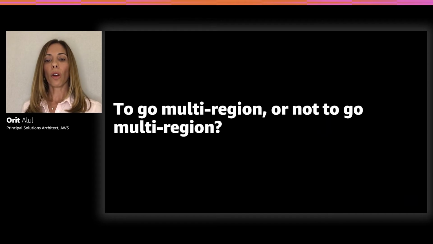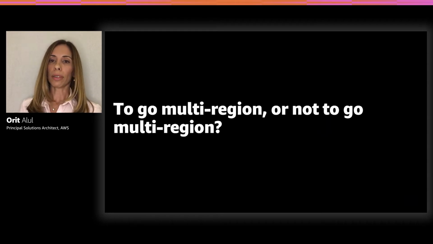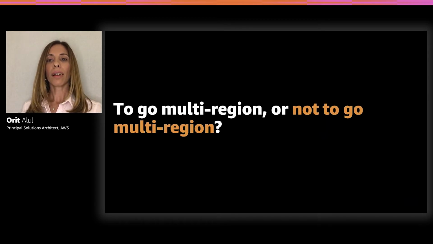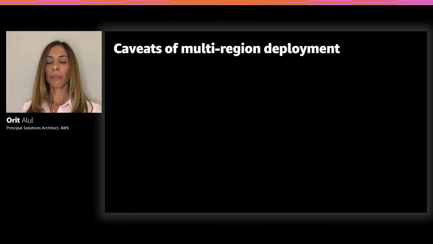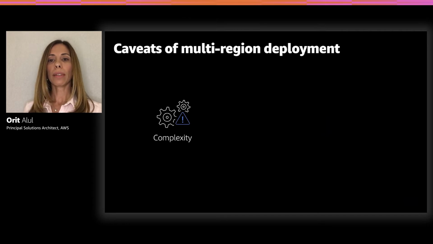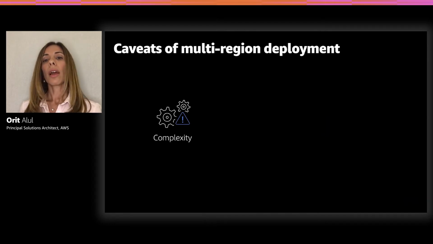So, to go multi-region or not to go multi-region? That's a question I tend to get a lot from customers. So let's start with why shouldn't you go with multi-region deployment? What are the caveats of multi-region deployment? Complexity. Deploying an application across multiple regions is complex.